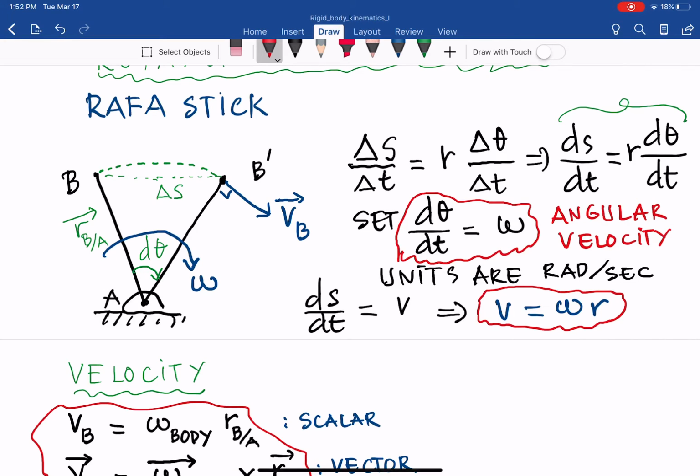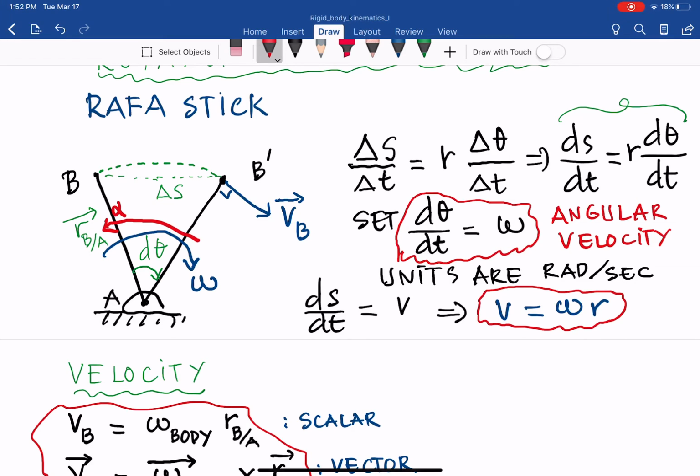So it means decreasing speed. So the alpha will be opposite of the omega. So if omega in this case is clockwise, alpha is counterclockwise when the body is decelerating or decreasing speed.